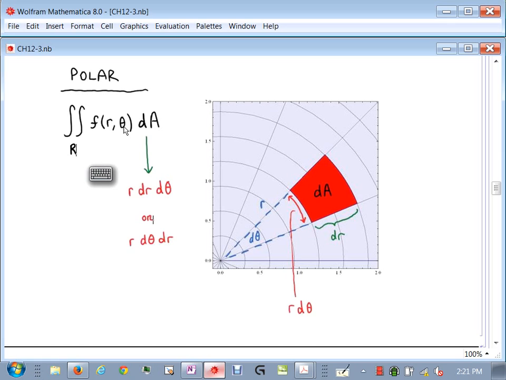Now, later on, in a further chapter, we are going to talk about this. This is a geometric way of trying to explain where it comes from, but we will actually have a mechanical way of determining where that r comes from. And then we'll use that to be able to not only go from Cartesian to polar, but we can change our Cartesian to any other variable.